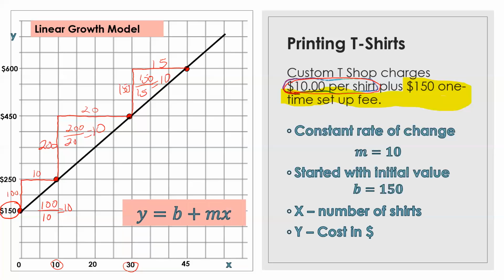We would say Y is equal to B, the initial value, plus the rate of change, that constant rate of change, multiplied by X. Okay, and that is a linear model in math. And what makes it linear? The constant rate of change. Okay, so that's important. As soon as you say constant rate of change, that's a linear growth model.